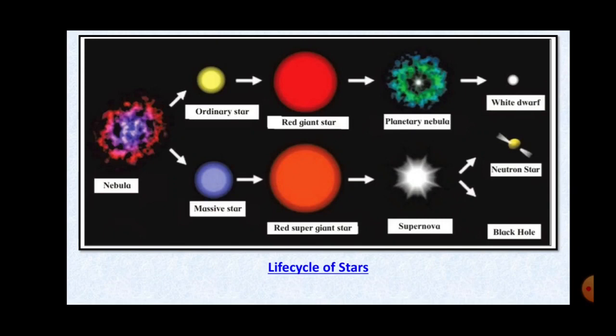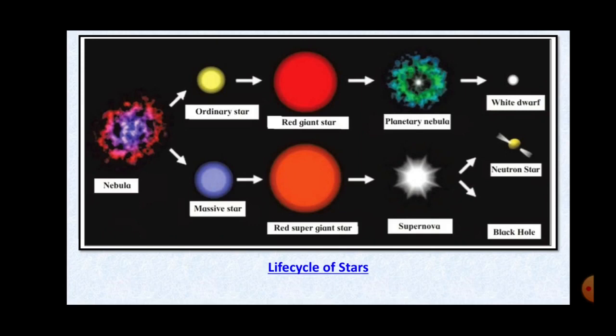Now, at times after the supernova explosion, the pressure is not able to balance the gravitational force, and thus it continuously contracts. Because of this contraction, the size becomes very, very small, its density increases, and the gravitational force also increases.